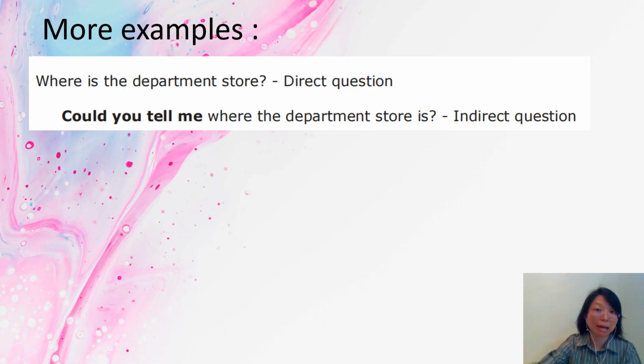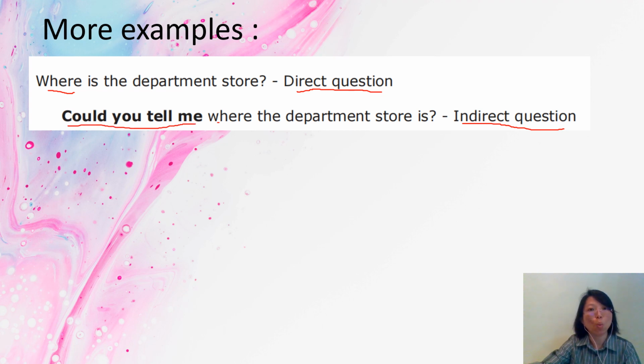Look at more examples on how to change the direct question into indirect question. Now let's look at the direct question here. Here it says, where is the department store? So when you change it into indirect question, you can use could you tell me?